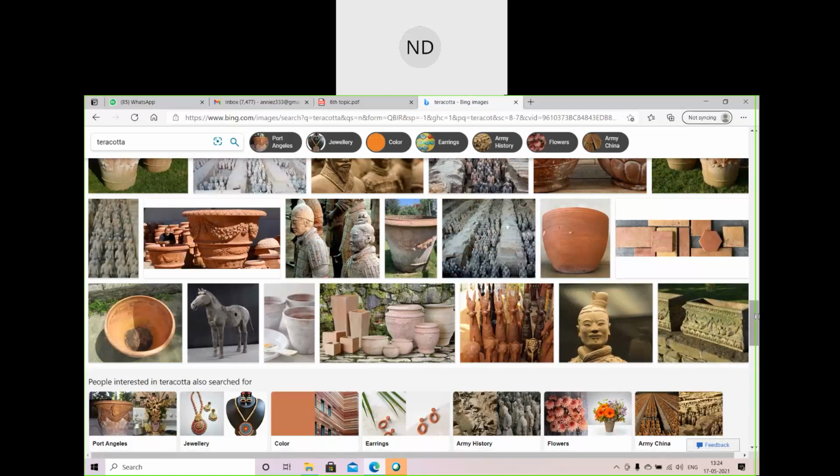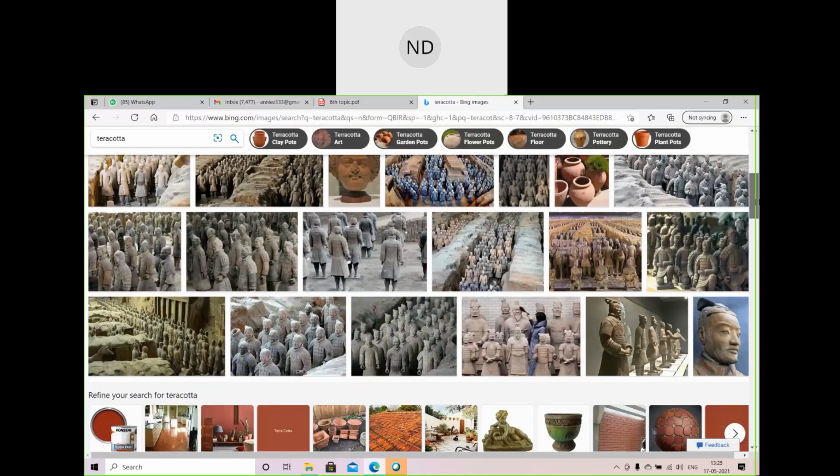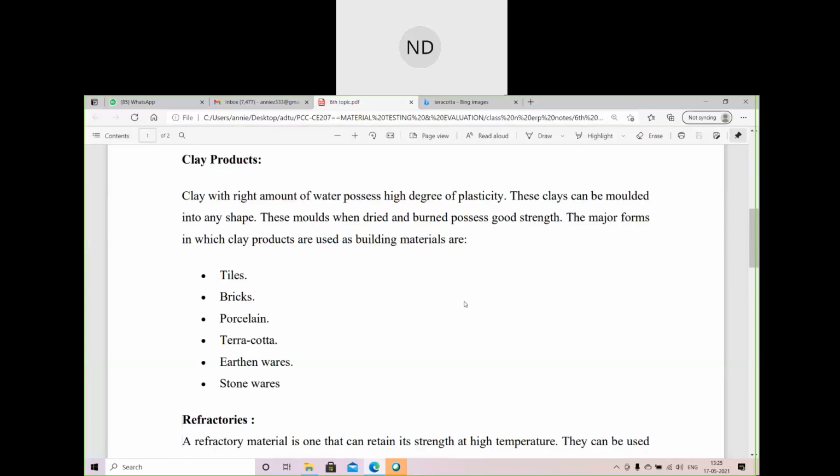In porcelain, what happened was that kaolin material was mixed, and then the surface was so smooth and glazed. So this is different in that way. Okay, so this was your terracotta.